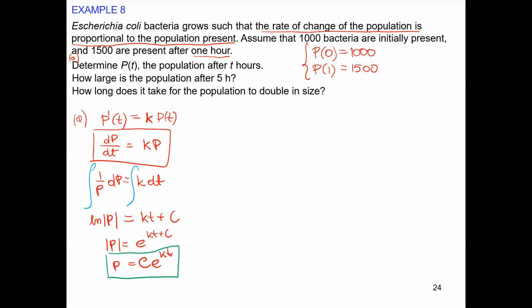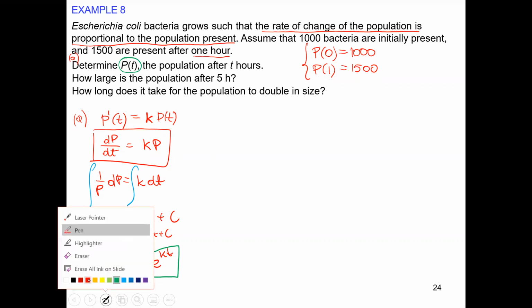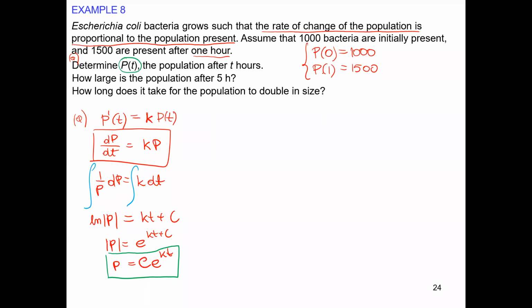We knew it. But now, that's still not completely the formula, because we need the coefficient k. What I will do here, p at 0, that means c e to the power of k times 0 equals 1000.